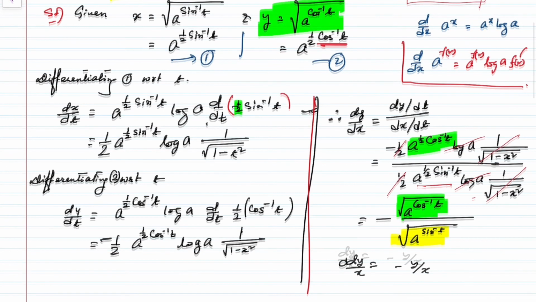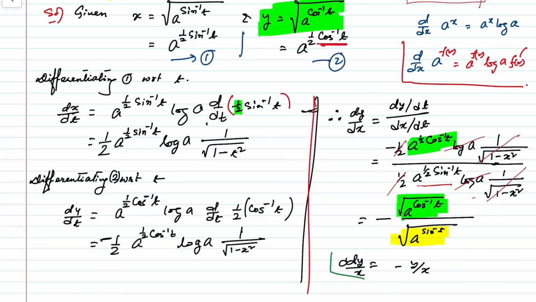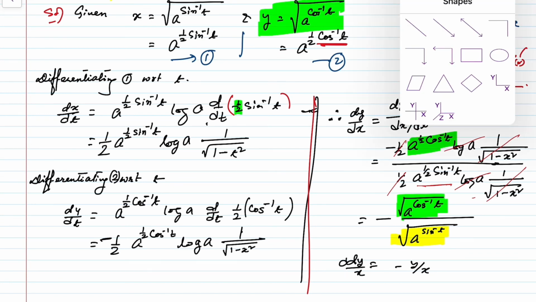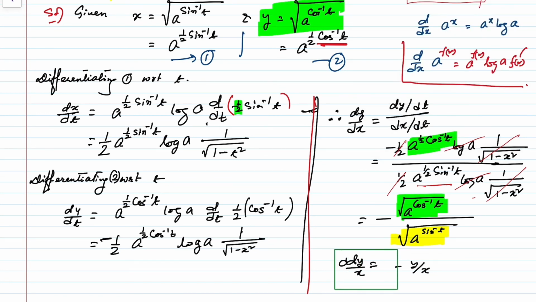So this is the result that we need to prove, dy by dx is equal to minus y by x. What we have done, we have put the value back from equation 1 and 2. Using 1 and 2, hence proved.